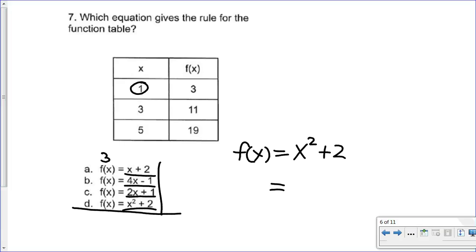We'll just put equals, because we're looking for f of x. So let's say we plug in 1 for x, it's 1 squared plus 2. It actually does equal 3, because 1 times 1 is 1, plus 2 is 3.